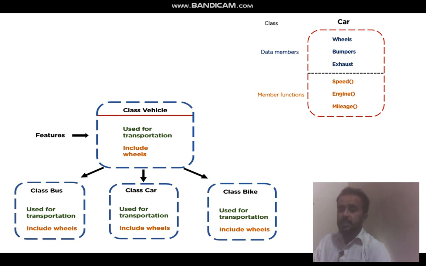It has wheels, bumpers, an exhaust, and there are some behaviors of the class like speed, engine, and it covers some mileage. Any behaviors included in an object are known as member functions, and any properties, attributes, fields or information about an object are known as data members.